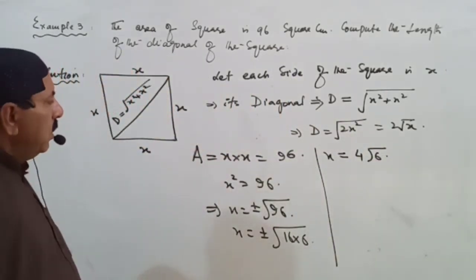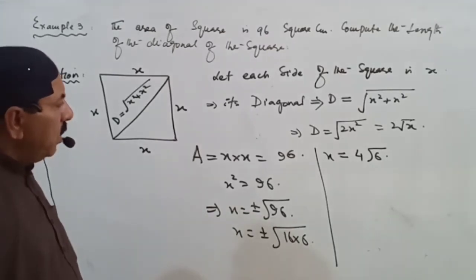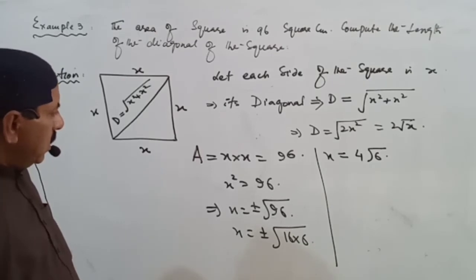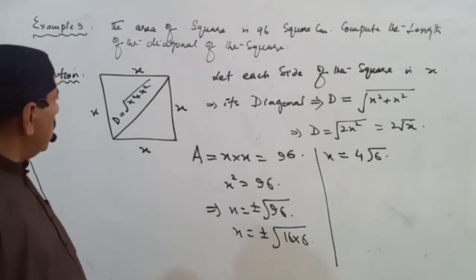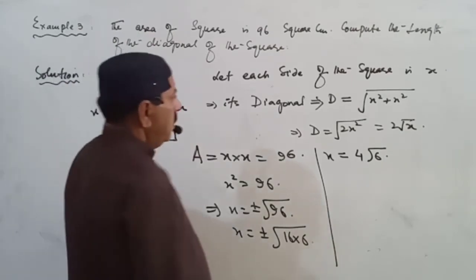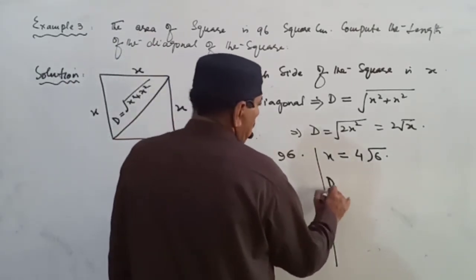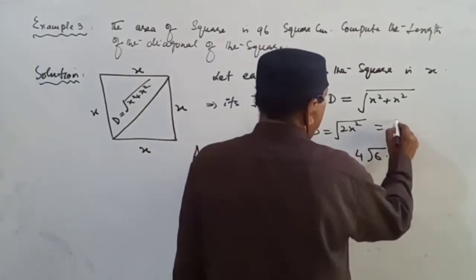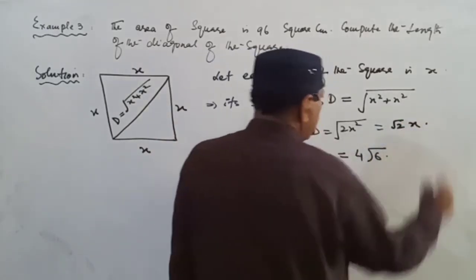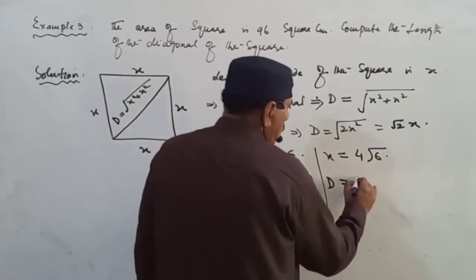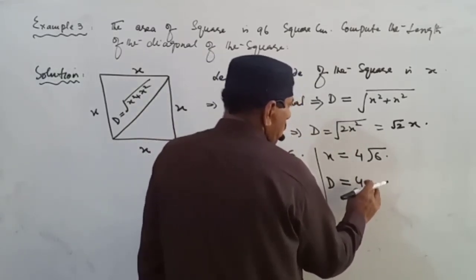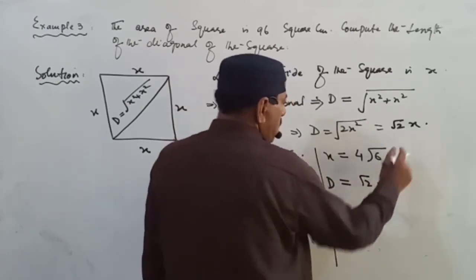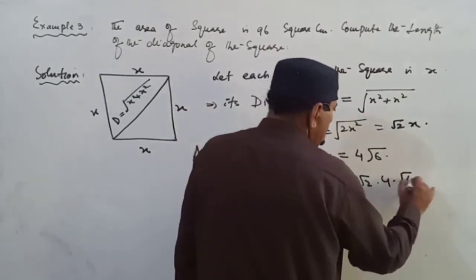So therefore, we have to calculate the length of the diagonal. So diagonal is equal to radical 2 x. Okay, this will be radical 2 into x, means 4 into radical 6.